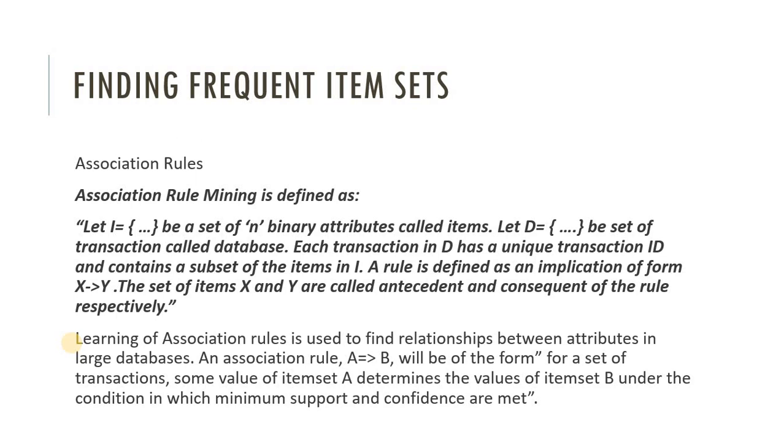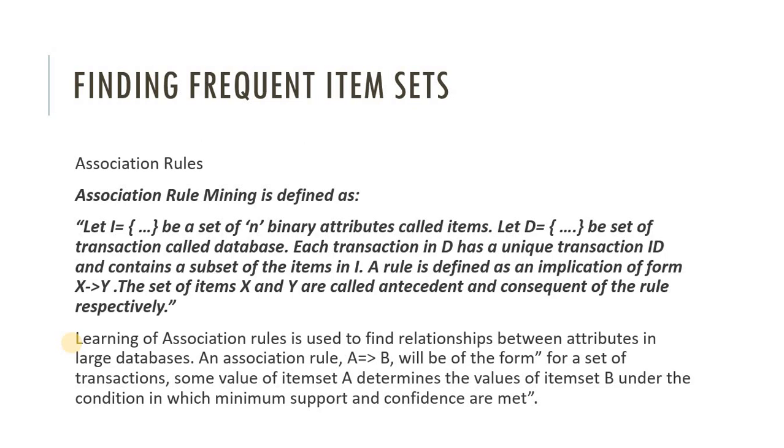Each transaction in database D has a unique transaction ID and contains a subset of the items in I. A rule is defined as an implication of the form X then Y. The sets of items X and Y are called the antecedent and consequent of the rule respectively.